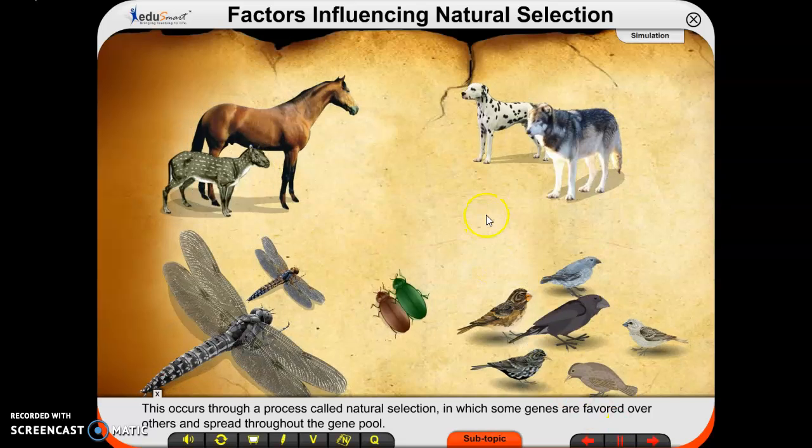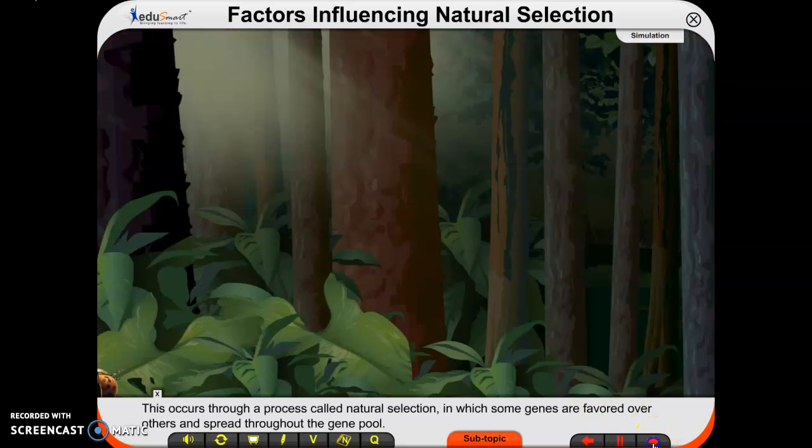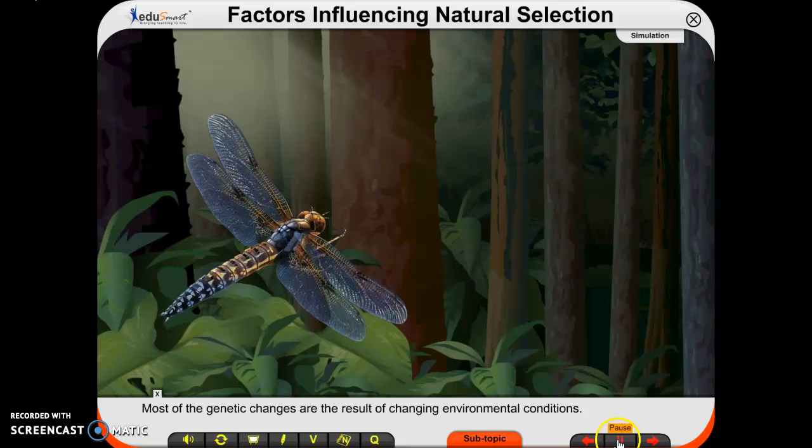And because they're better adapted, they're able to survive and reproduce to pass on their traits. So some of the genes are favored. That means if they're favored, it's helping them live in the environment in which they are. And if they live long enough to grow old and be able to mate and reproduce, like I said, they pass on those genetic traits.